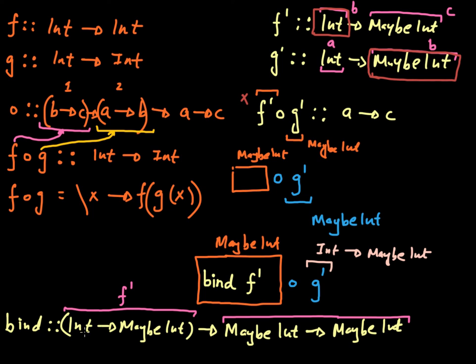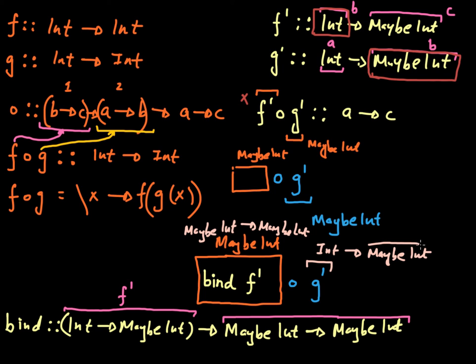Well, bind f prime is maybe integer to maybe integer. So if I write the type signature of this entire piece in orange, this piece over here is from maybe an integer to maybe an integer. Remember, this type signature is the entire piece of this box in orange.